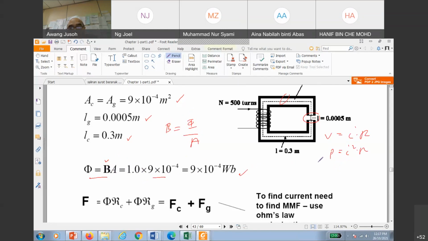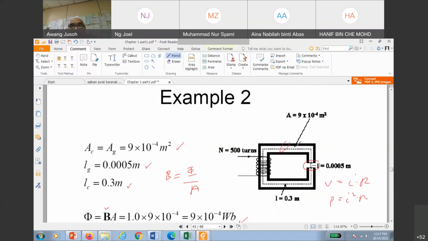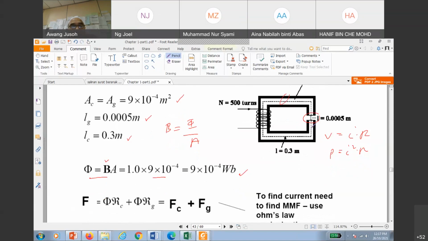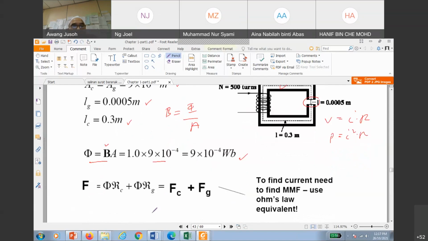Then as I mentioned just now, we have two MMFs here, MMF at the core and MMF at the air gap. So the total MMF equals F core plus F G. F core equals flux multiplied by R C, plus flux multiplied by R G. This is a basic formula, because the flux is the same.